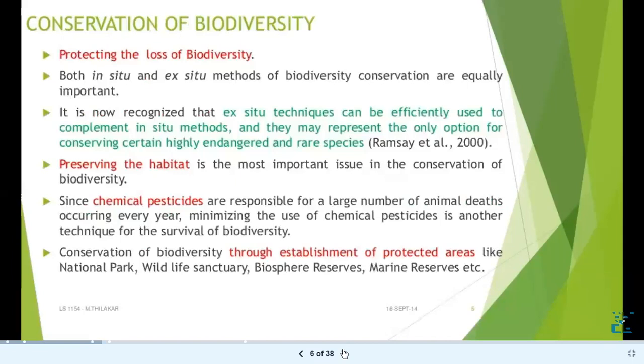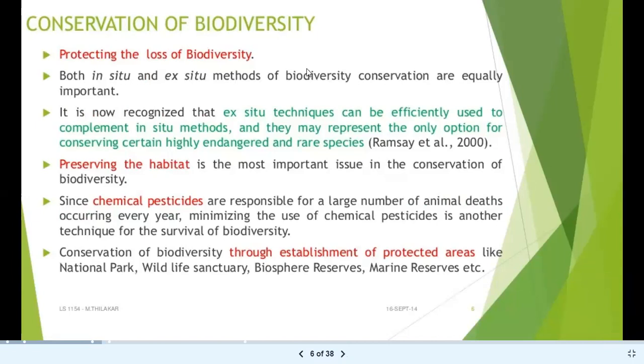Now, conservation of biodiversity. First, for protecting against the loss of biodiversity, both in situ and ex situ methods of biodiversity conservation are equally important.